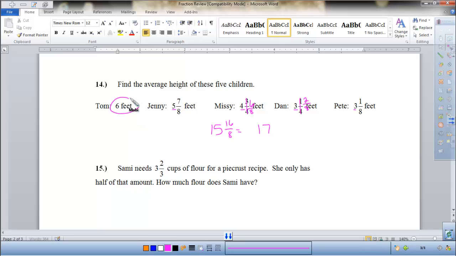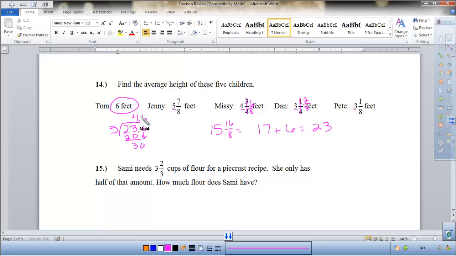Now I can't forget about Tom. He's an additional 6 feet, which equals 23 feet. I have 23, and I have 5 kids, so I need to divide 23 by 5. And when I do that, I'm going to have a decimal, and I will end up with 4 and 6/10 feet.